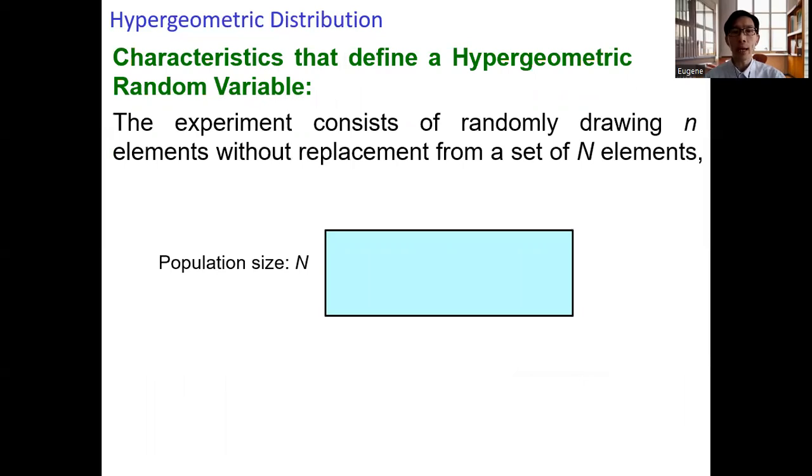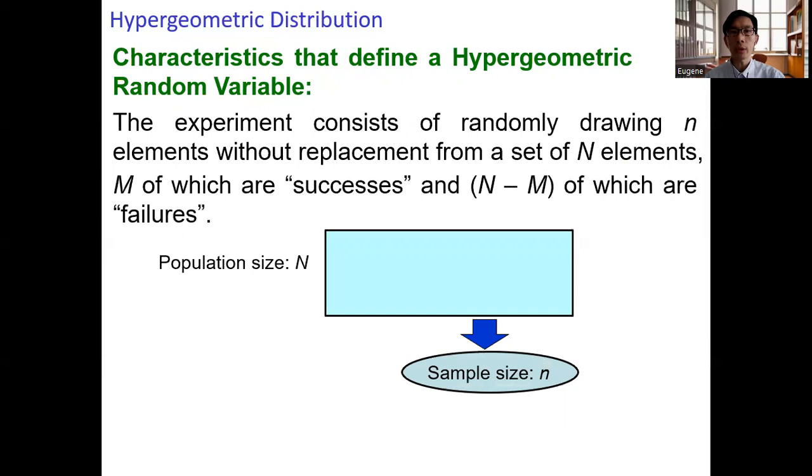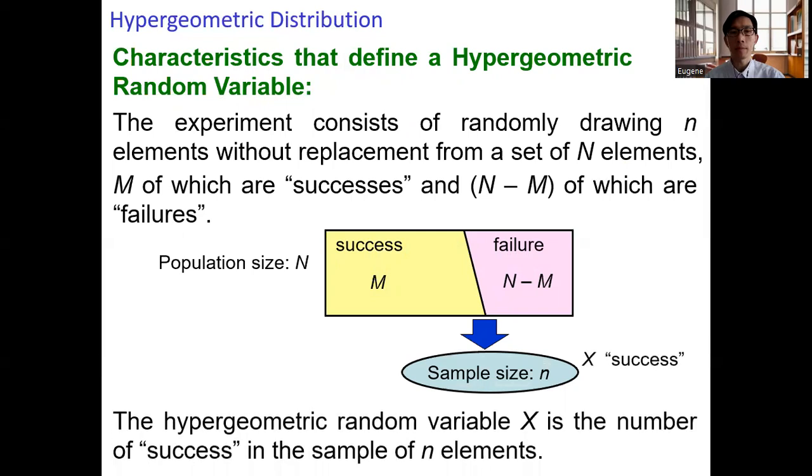So we have the population size, the capital N, and we draw a sample size of small n. In the population, there are M successes and N minus M failures. So M is the number of successes in the population. The hypergeometric random variable x is the number of successes in the sample of n elements.